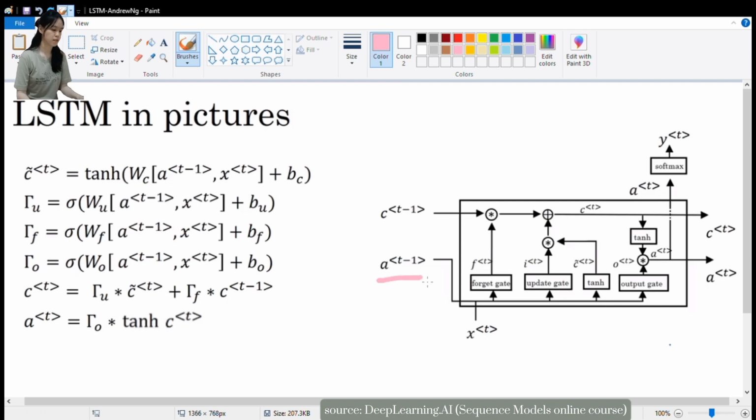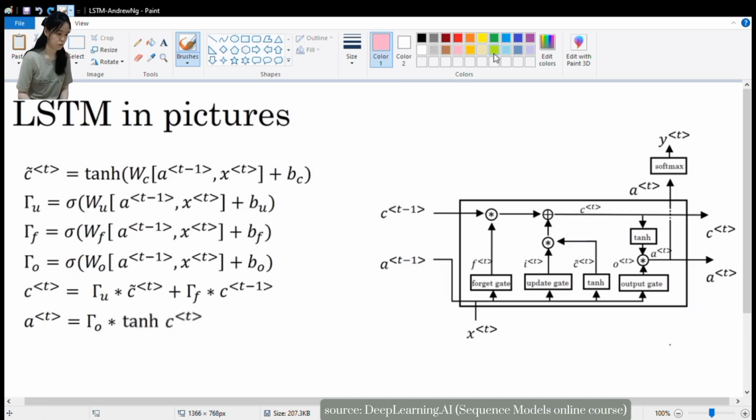And then it also takes a. You can think of a as the coefficients, so the coefficients from the previous time step. Okay. And it will also output three things. The first one is yt, the output, and then the memory cell of the current time step, and the coefficients of the current time step.